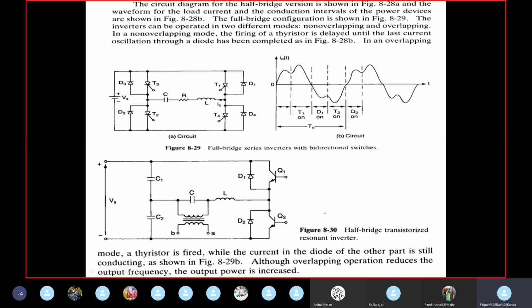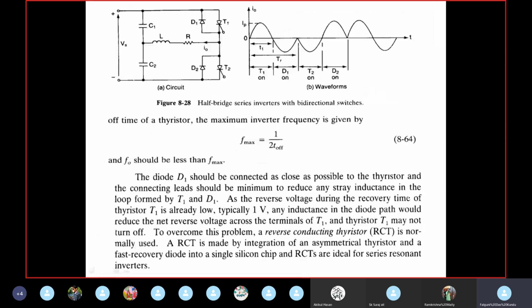The inverters can be operated in two different modes: the non-overlapping mode and the overlapping mode. In the non-overlapping mode, the firing of a thyristor is delayed until the last current oscillation through the diode has been completed, as shown in this figure.